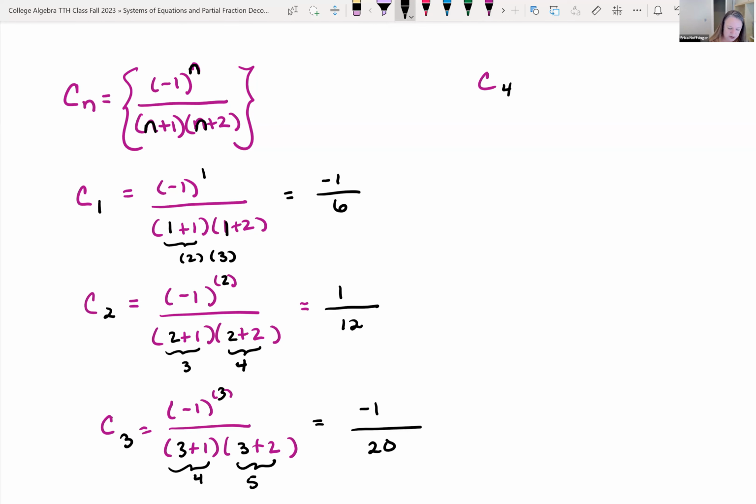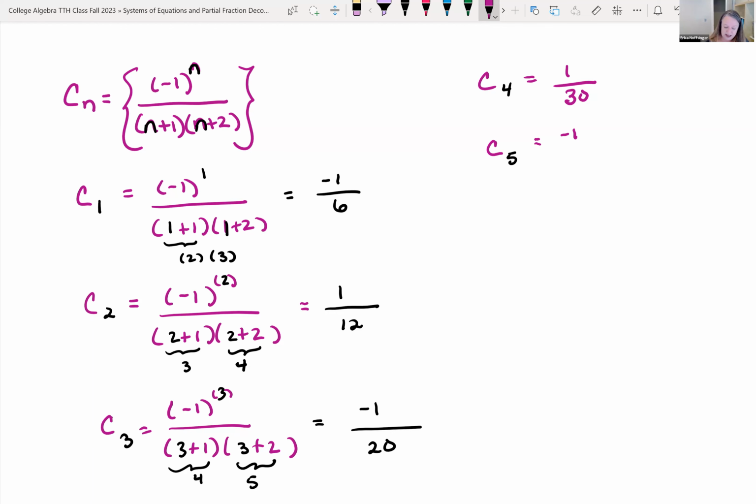Two more. So now go in and plug in 4. -1 raised to the 4th power is positive 1. I'm going to have 4 plus 1 in the denominator, which is 5, and then 4 plus 2, which is 6. So I have 5 times 6 in my denominator, which gives me back 30. One more, so c sub 5, -1 raised to the 5th power gives me back -1. 5 plus 1 in the denominator is 6, and 5 plus 2 is 7.